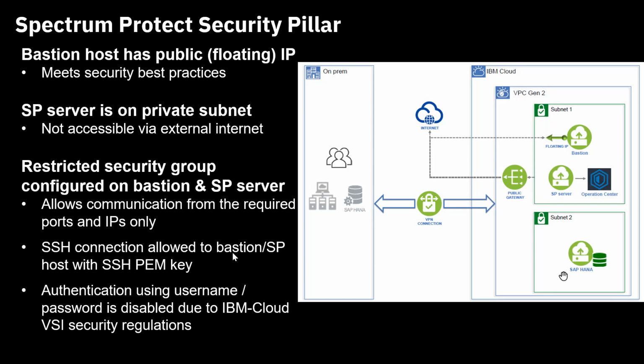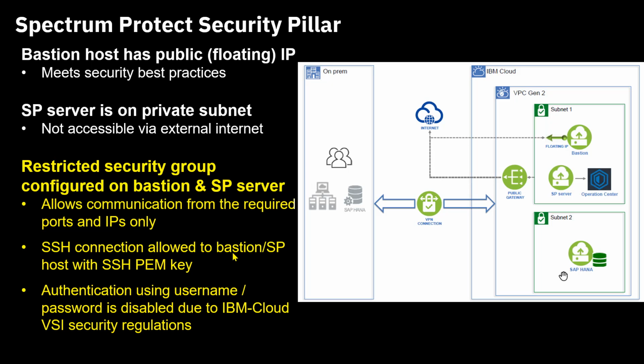The security pillar that's built around Spectrum Protect is, first of all, our Bastion host is going to have that public floating IP, and that's going to meet the security best practices as outlined by the IBM Cloud. And the Spectrum Protect server is on a private subnet, so it is not accessible via the external internet. We do set up a restricted security group configured on that Bastion and Spectrum Protect server.